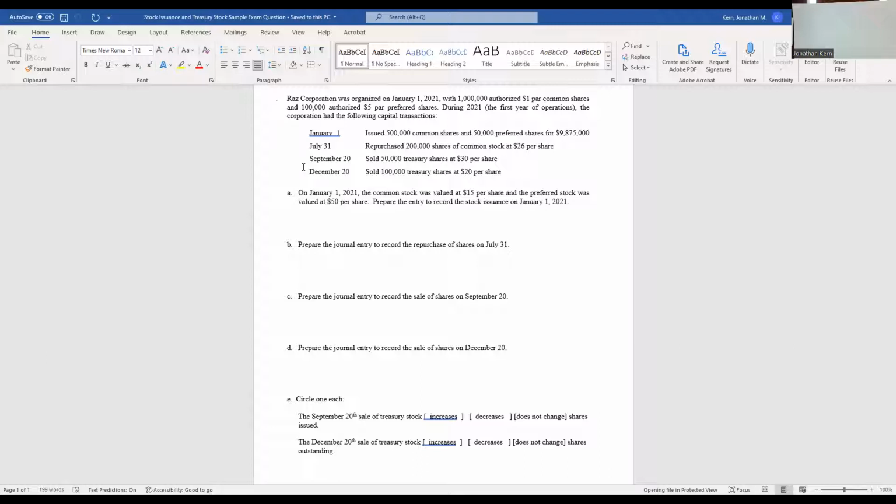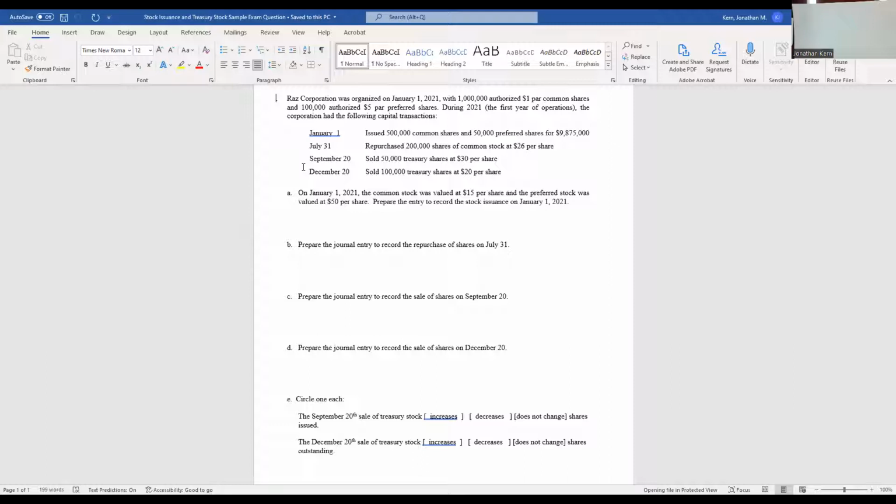On January 1st, they issued 500,000 common shares and 50,000 preferred shares for $9,875,000. On July 31st, they repurchased 200,000 shares of common stock at $26 per share. On September 20th, they sold 50,000 Treasury shares at $30 per share. And on December 20th, they sold 100,000 Treasury shares at $20 per share.